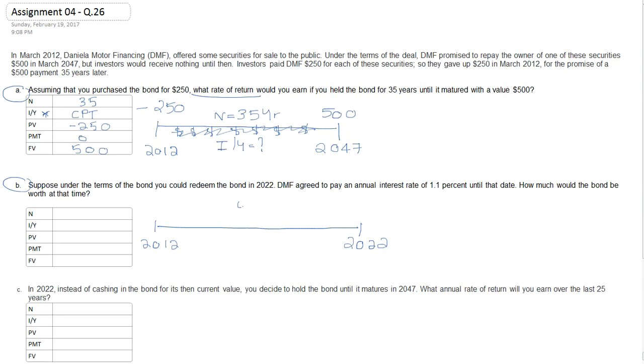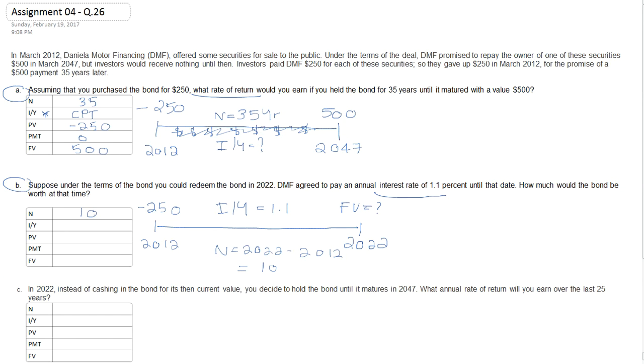You already have the information about IY, the investment rate of return, which is this. The money you pay for this bond is again the same $250, and you were asked to find what you will get from bond redemption, or from selling this bond, in year 2022. N will be the difference between these 2 years, which is 10 years.